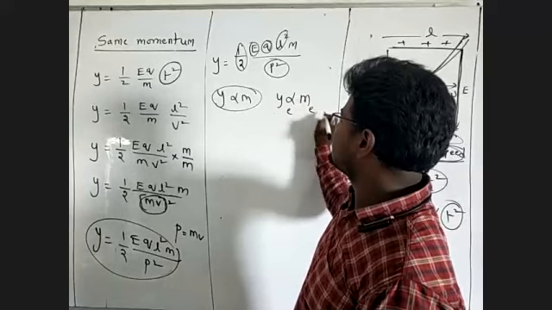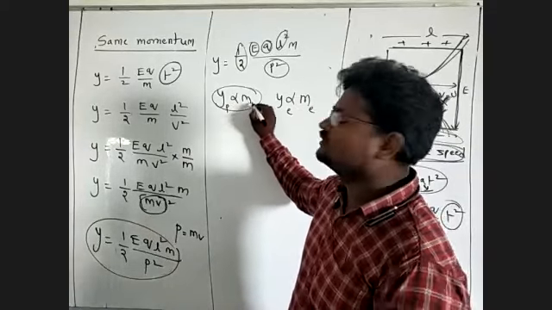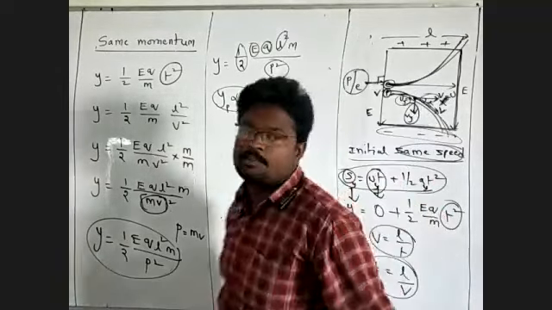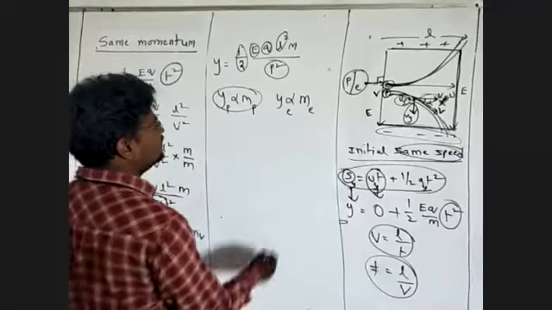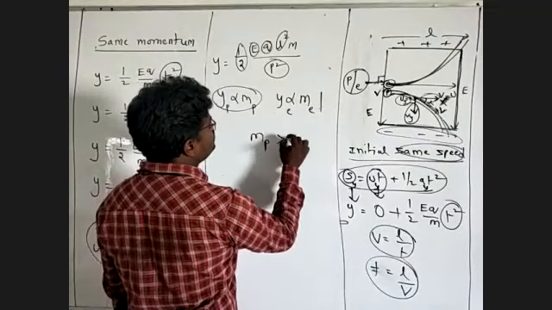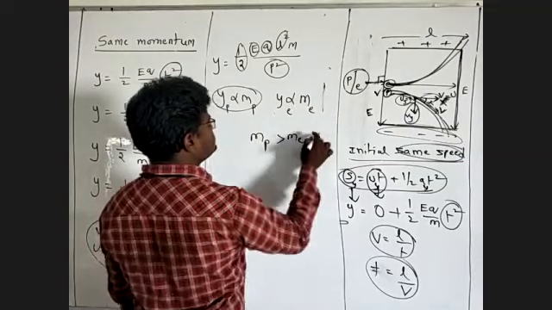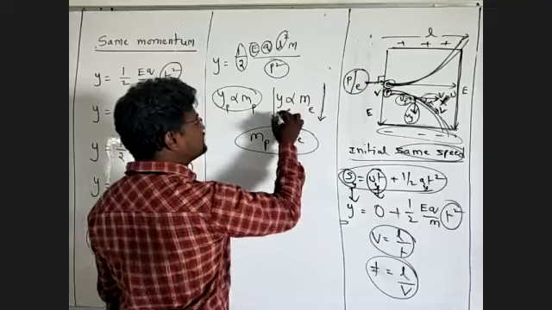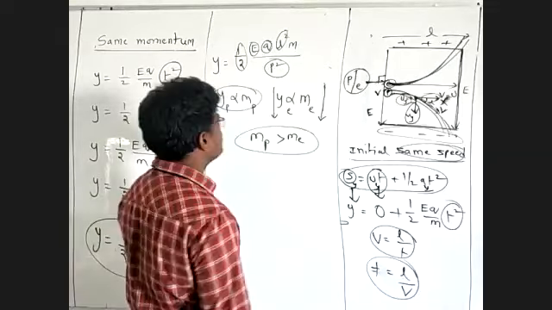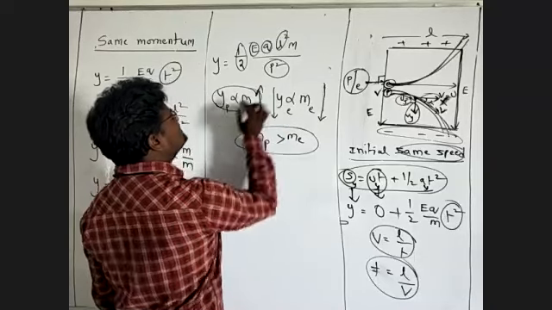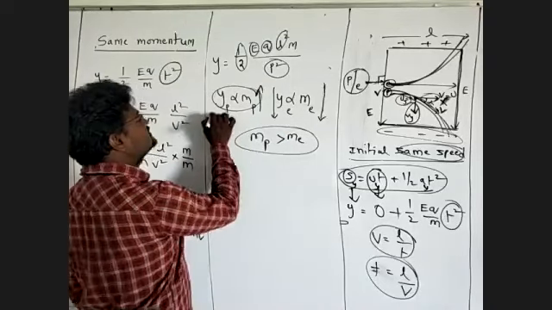This is the mass of the electron, and this is the mass of the proton. We know very well the mass of the proton is greater than the mass of the electron. Mass of electron is less, so displacement of the charged particle is also less. Mass of the proton is more, so displacement of the particle is also more.